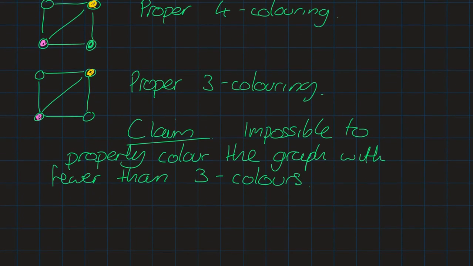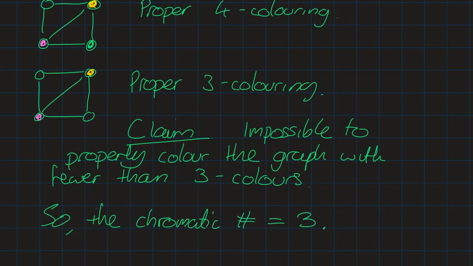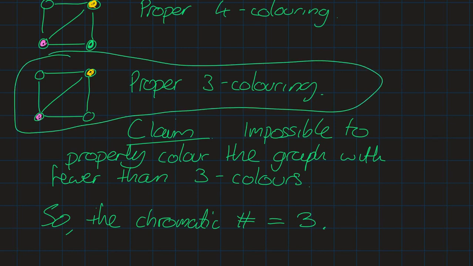So this means that the chromatic number equals 3. 3 is the fewest number of colours needed to properly colour this graph. Okay, and I think because this graph is so simple, it's relatively easy to convince yourself that this claim is true, right? It's a really simple graph, and if you think about it for a minute, you'll realize that it's impossible to color this with just 2 colors. Okay, so the chromatic number is 3.